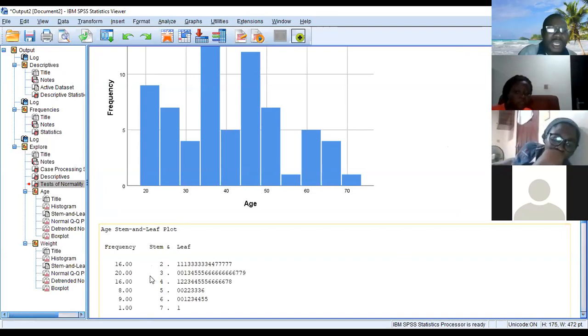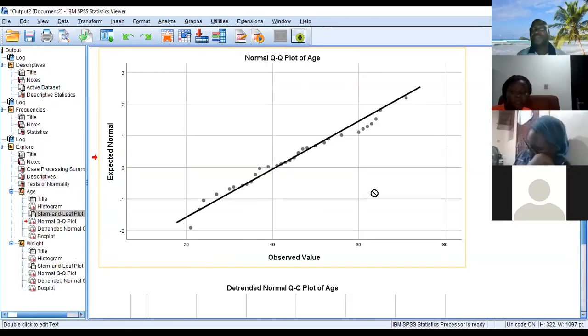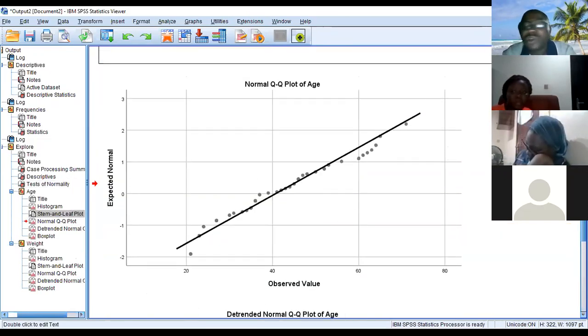Now let me explain. The frequency, 16 here, means the number in that category. So this one means 21, 21, 21, 23, 23, 23, 23, 23, 23, 24, 24, 27, like that.